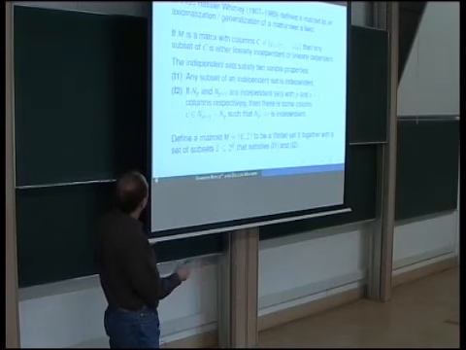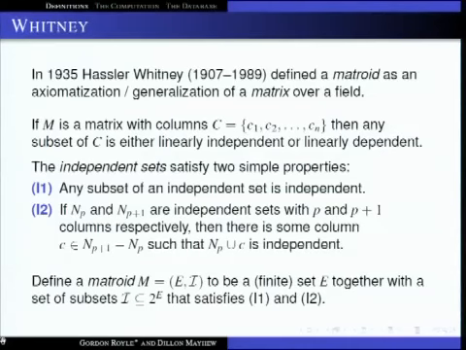Okay, so what's the actual definition and how did it arise? It arose from a definition by Hassler Whitney, and he was looking at matrices and thought of the word matroid as a sort of extension or generalization of that word.